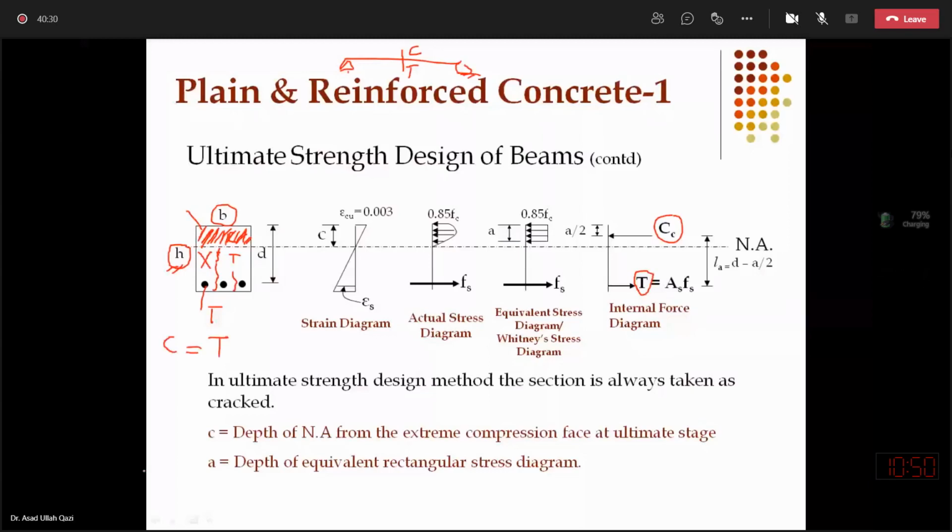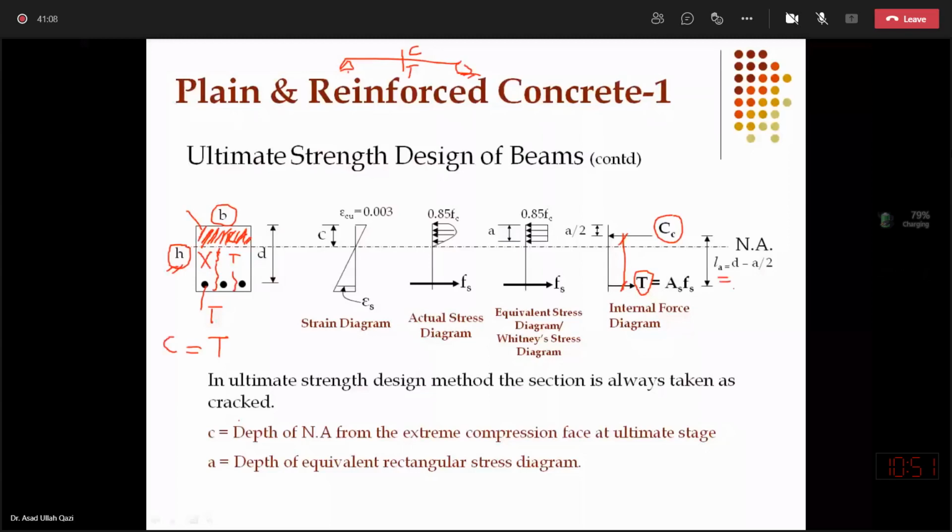Once I know the magnitude of the forces, I will also know their points of application in the area where each is present. If I know the point of application, I can also determine the distance between them. We call it the internal lever arm. So knowing the distance between them, and since C is equal to T, I can calculate the internal resistance either by multiplying C into the lever arm or T into the lever arm. Both will give me the same internal resistance.